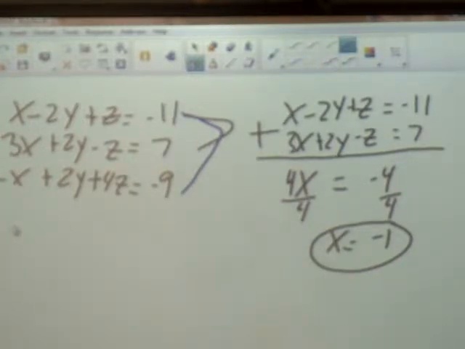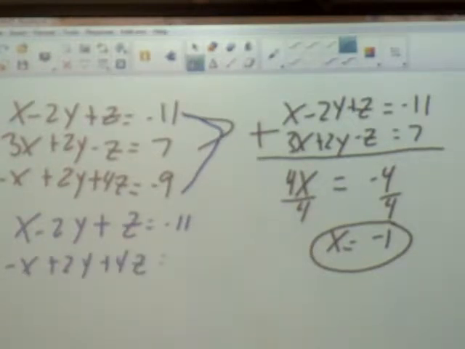Okay, so let's look at that, the first one and the third one. X minus 2y plus z is equal to negative 11. Negative x plus 2y plus 4z is equal to negative 9. So my y's are different signs, so that means I'm adding. And here's another 2 for 1. X and negative x is nothing.